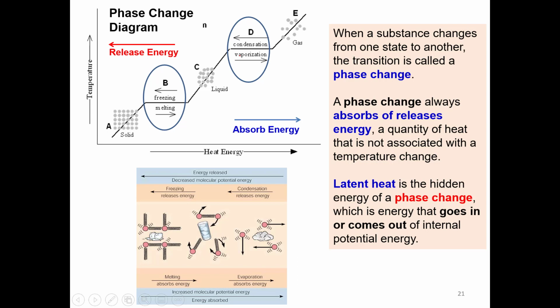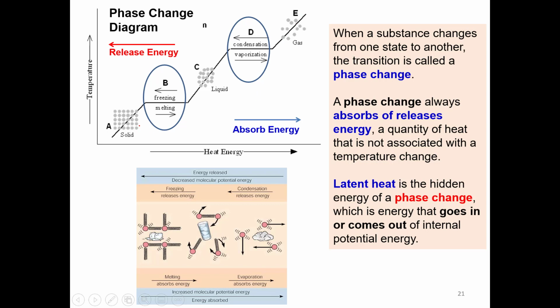Then in this case, the liquid is converted into gas. Once all the liquid is converted into gas, if you give more energy, if the material absorbs more energy, now the temperature starts increasing again.